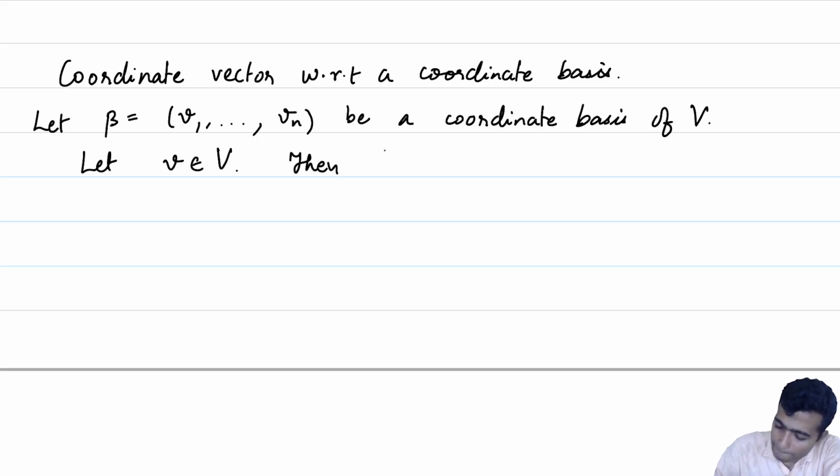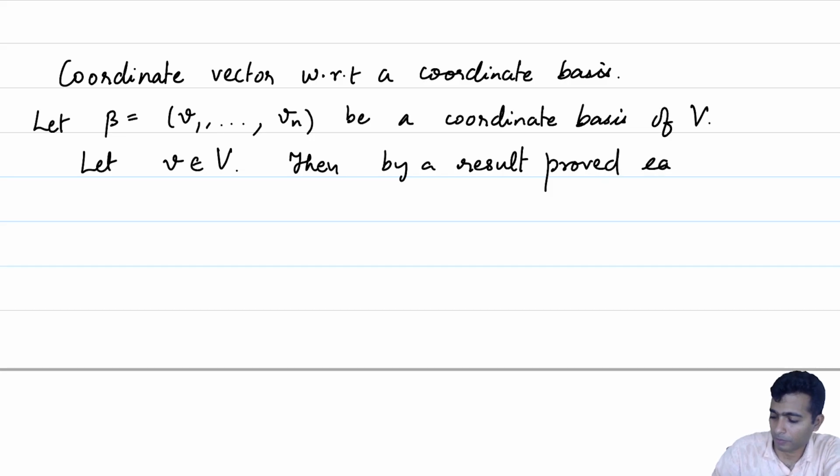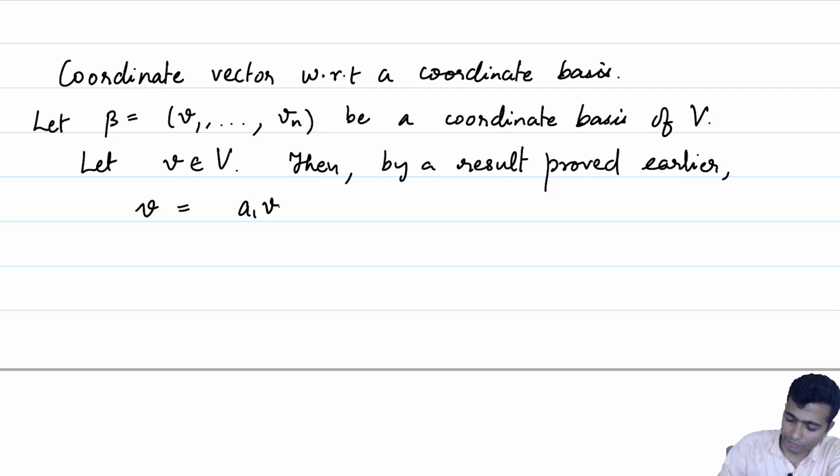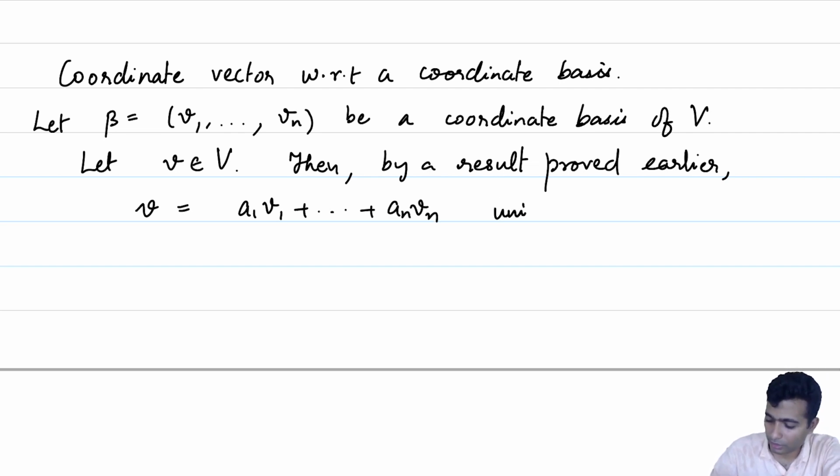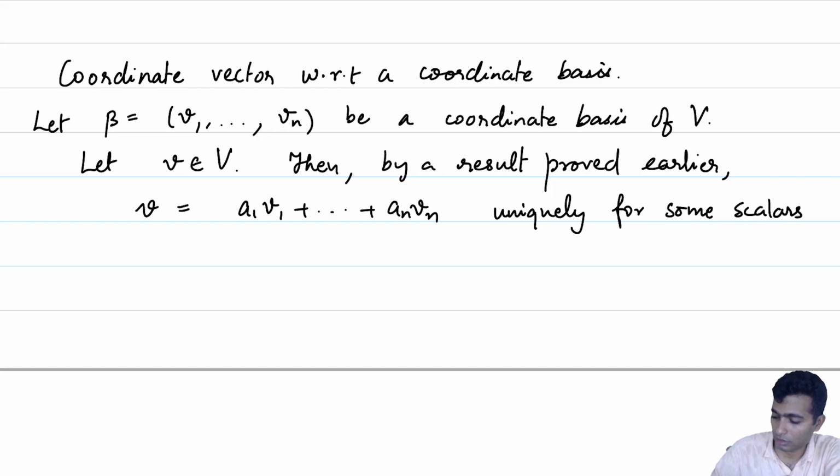Then by a result proved earlier, v can be written as a1 V1 plus dot dot dot an Vn uniquely, for some scalars a1, a2 up to an in R.